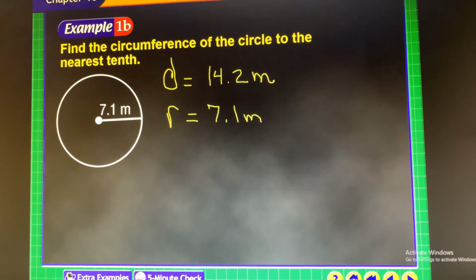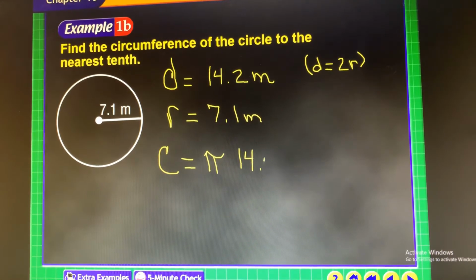Make sure you understand what I did. Remember, diameter is equal to twice the radius. Don't forget that. Circumference is equal to pi d, 14 2/10. So circumference is approximately what when you put that in there?